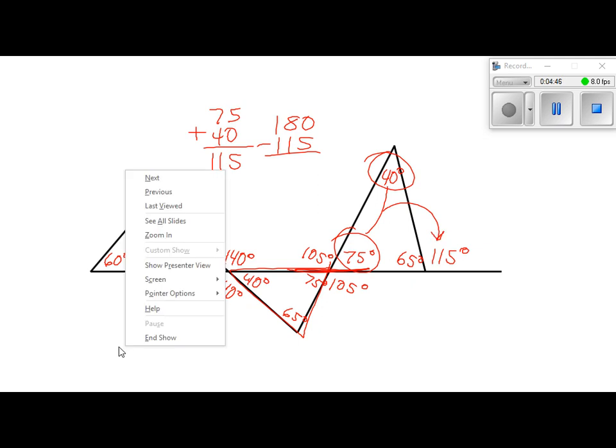Go ahead, Mackenzie. 22. I'm not going to draw the whole picture. Is that all right? Is that enough, maybe?